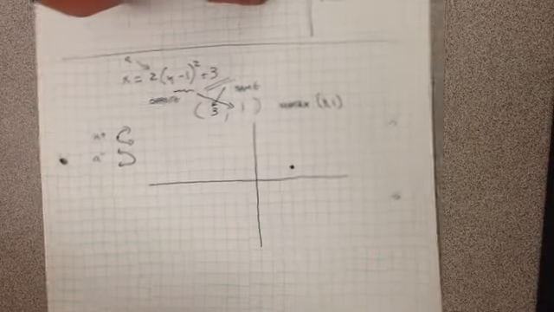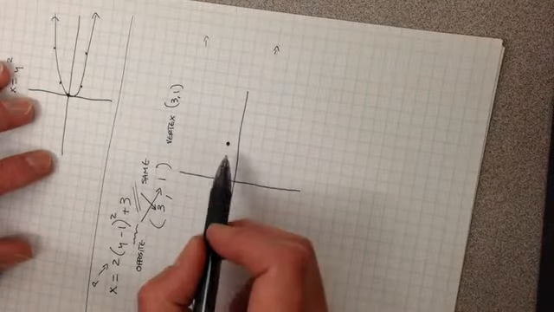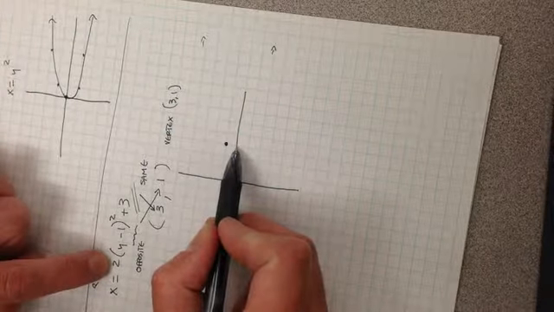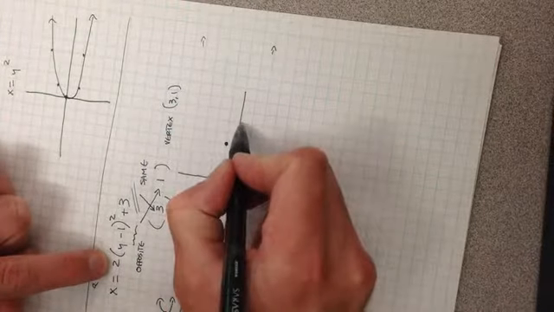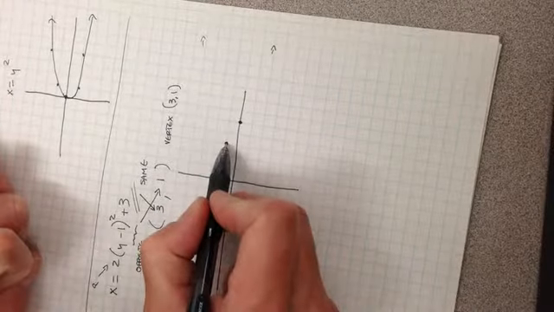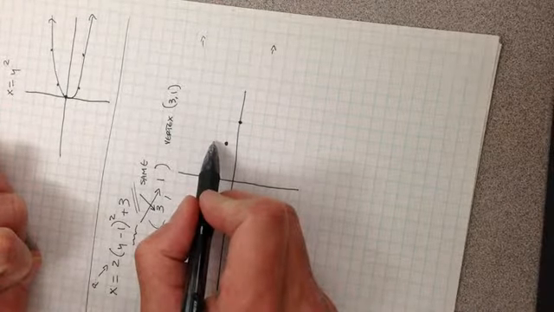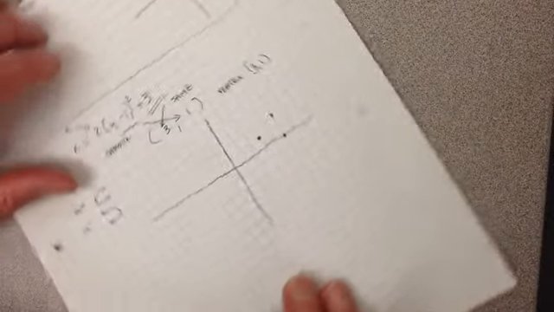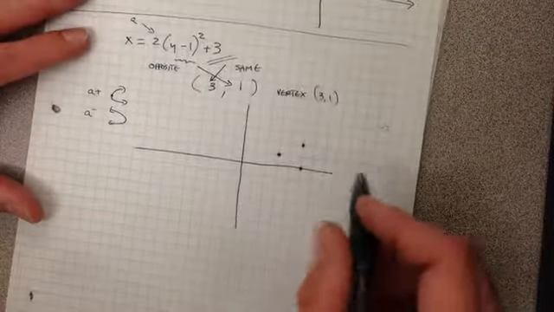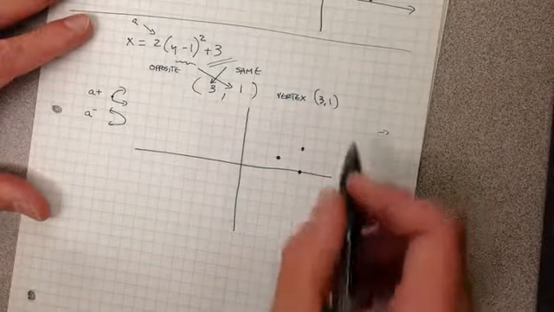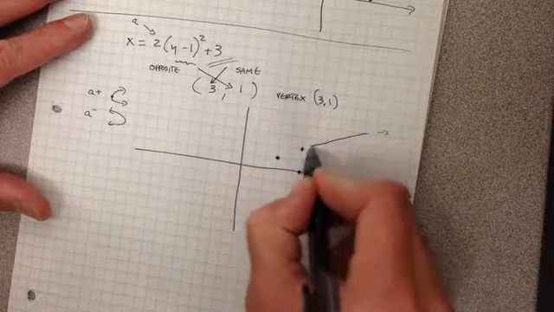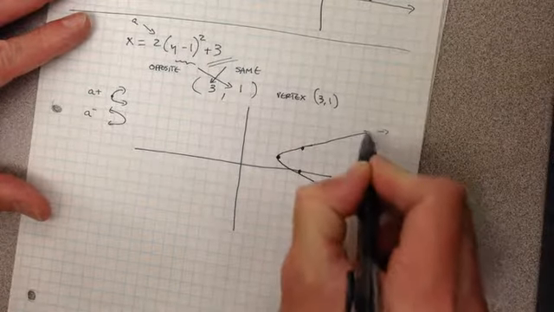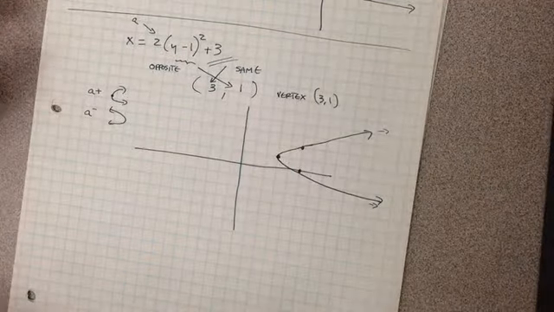If I do a rotation, I am going to slide 1 unit to the side, and my a value of 2 tells me my jump up, so I will jump 2 units up. Slide over 1 to the left, and my a value tells me my up or my down. And there you go, rotating back. That will give us a few points of my parabola, and if you would like more, you can input more y values. There's a nice sketch of my parabola.